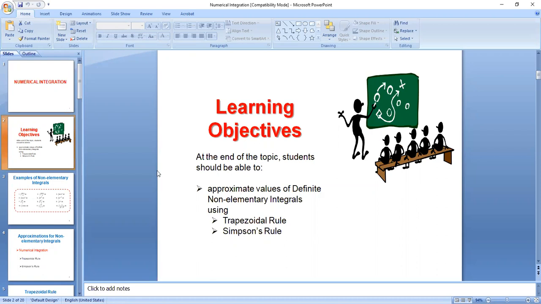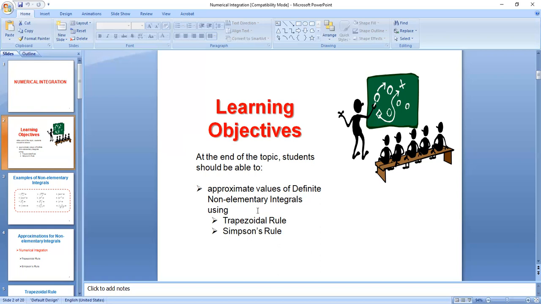So you should be able to, take note of the term that was used, approximate values of definite non-elementary integrals. So they are definite in the sense that they have limits. However, they are non-elementary, meaning that formulas and the techniques that were shared to you last term will not be applicable to these integrals.